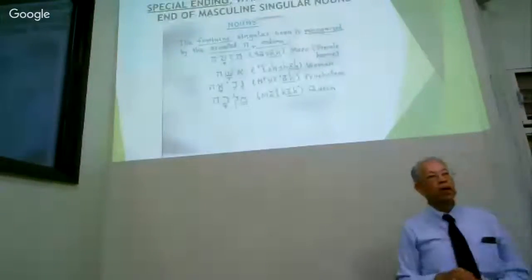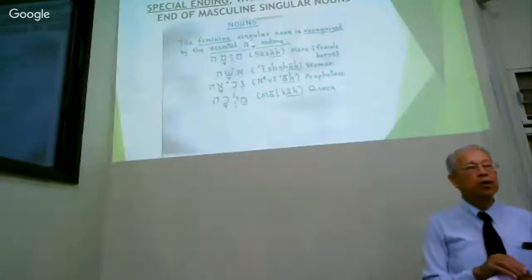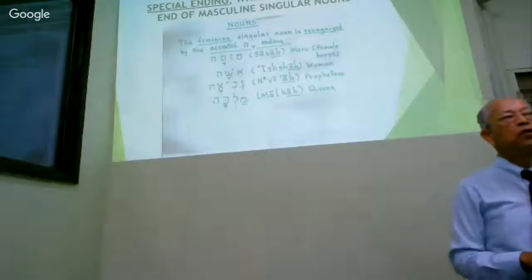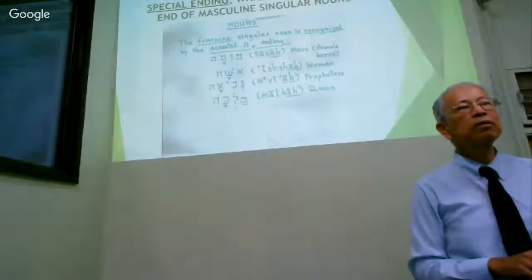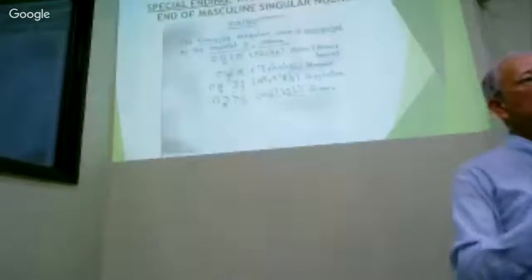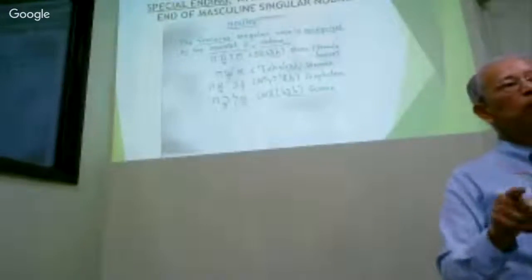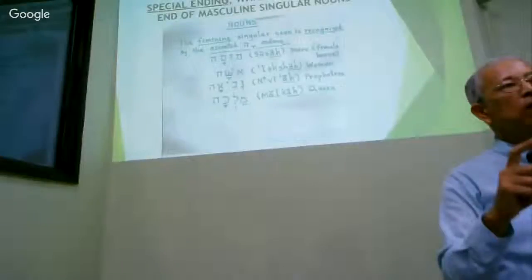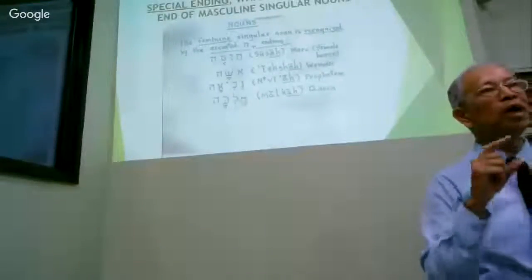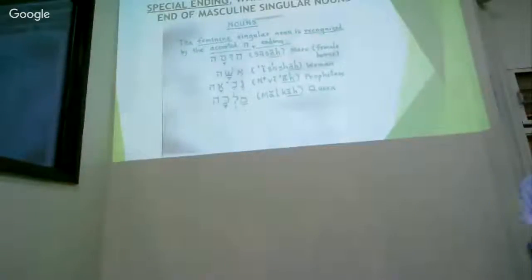Good. And Orion, what is the sign of the feminine singular noun? Commas a. Or it is our H in English, but we say a in the Hebrew. Any other question or comment?